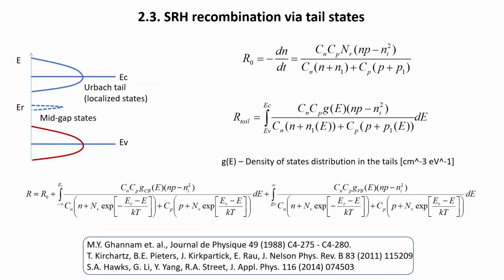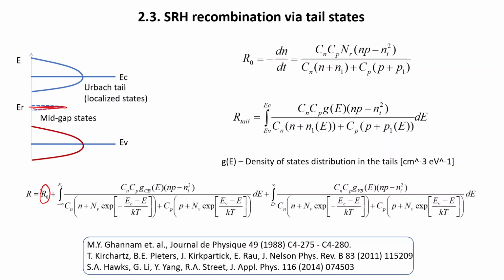So in this case, how does it work? We consider, first of all, the contribution from the single energy level somewhere deep in the middle of the band gap. This stands for R_0, which is the net recombination rate via a single deep energy level, which we discussed during previous lectures.